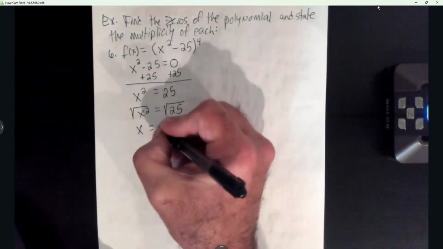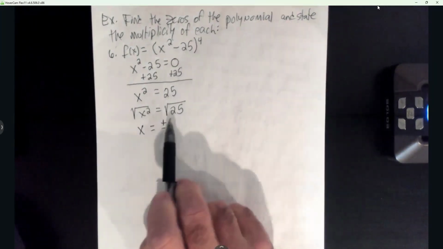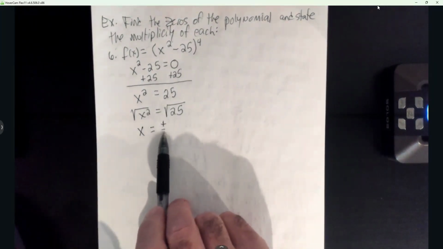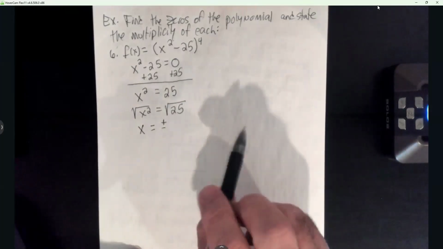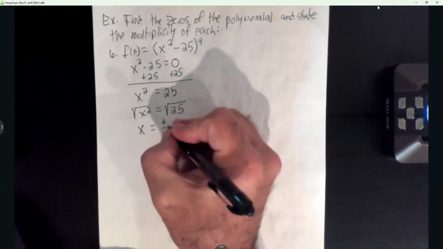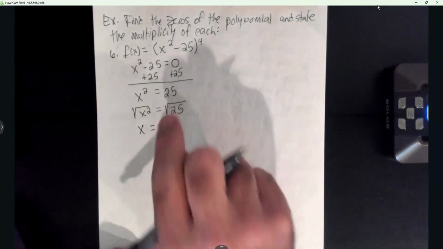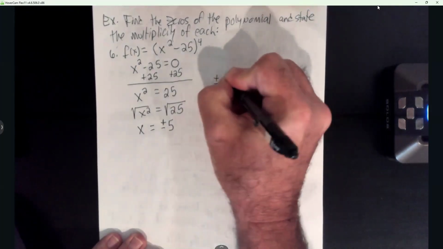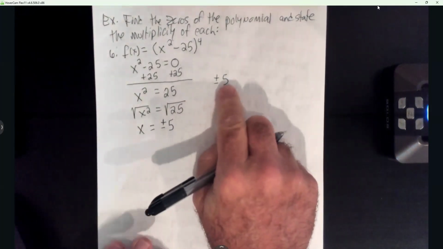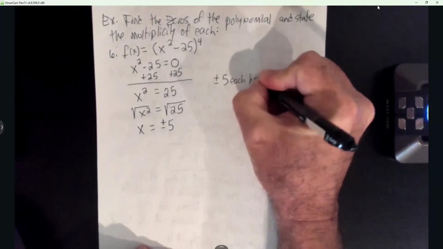Y'all remember, square roots, when you're solving them as an equation, you got to do that plus or minus to them, okay? Because the square root could be a positive 5 or it could be a negative 5. Okay? So here's what I'm going to put for my answer. The answer is plus or minus 5. That's my zeros. And each has a multiplicity what?